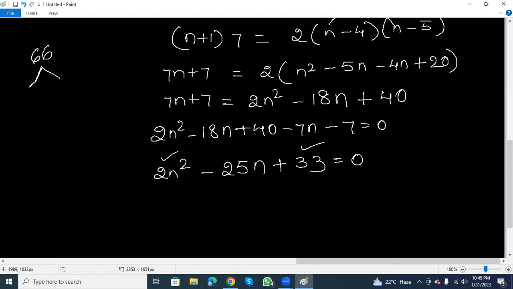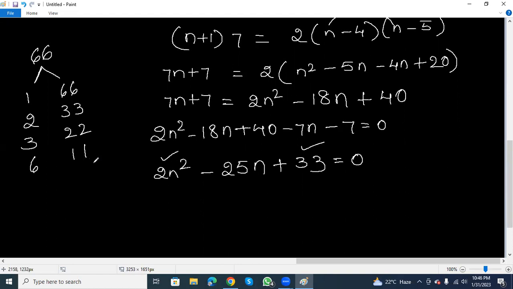Let's write the factors of 66. 1 66s are 66. 2 33s are 66. 3 22s are 66. 4 doesn't go. 5 doesn't go. 6 11s are 66. No 7, no 8, no 9, no 10, 11 came already. So let's stop writing the factors.